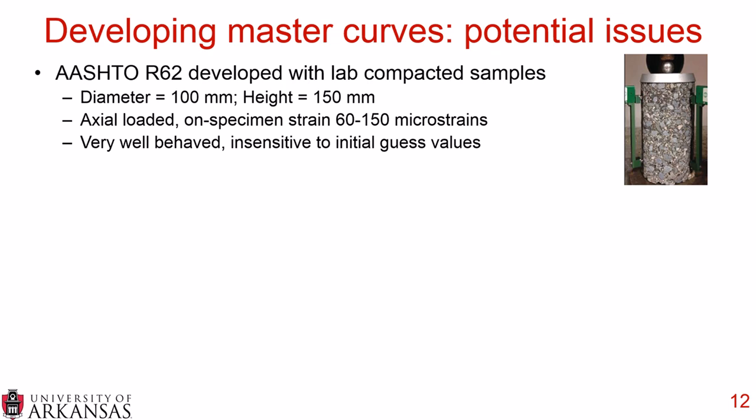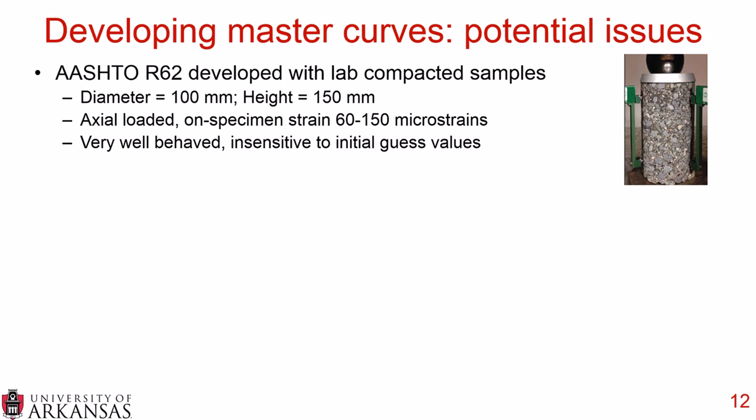So this is a very highly controlled test for these lab compacted uniaxial samples, as we can see here. And this is a very well-behaved test. You can get a lot of good data, and it's relatively insensitive to the initial guess values. Because the data is so well-behaved and you're able to collect such high-quality data, you really don't get in a whole lot of trouble with those initial guessed values.